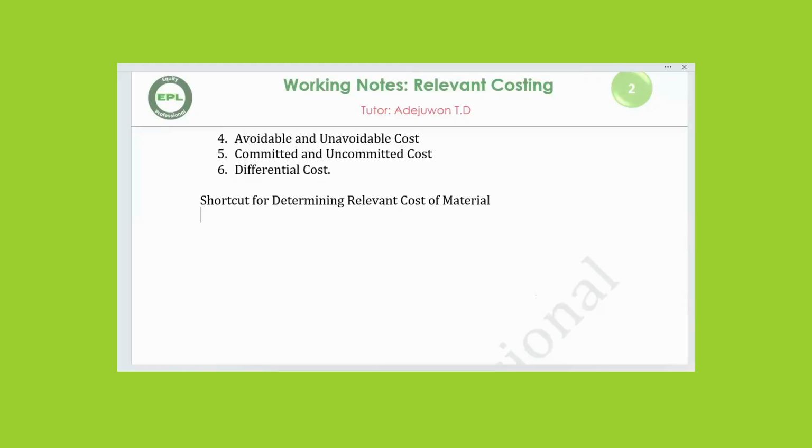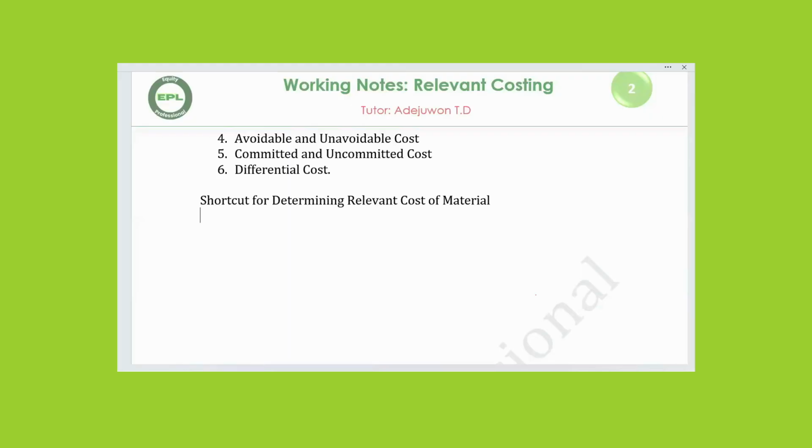The examiner will paint a scenario for you, and in that question you are going to be given different kinds of costs. The primary focus of relevant costing is about material and labor. How do you identify relevant cost of material? How do you identify relevant cost of labor? Every other information you are going to be given in that question will be very easy.